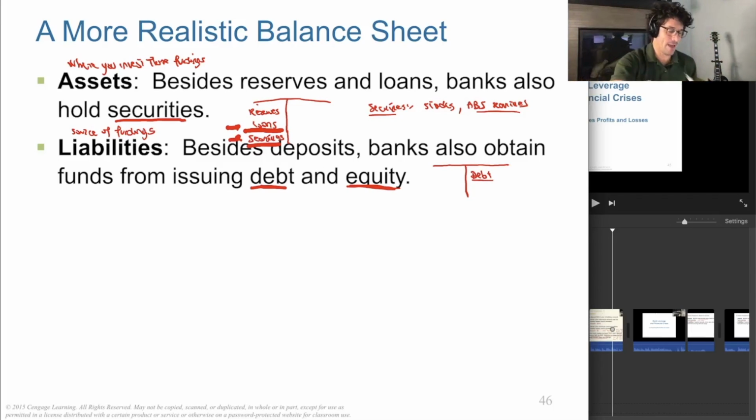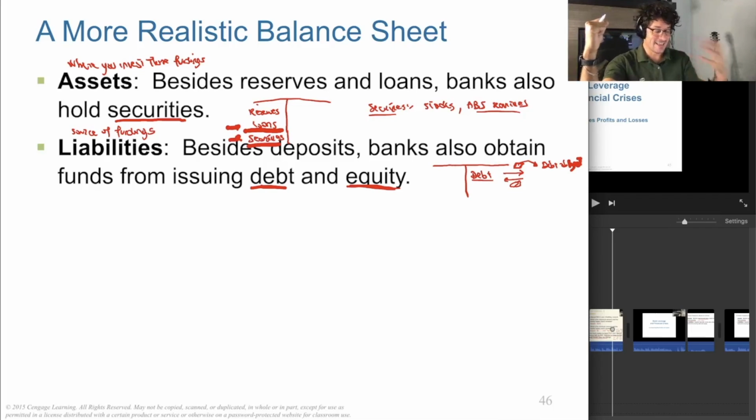The idea is that the bank issues a title, a bank claim, this debt claim, and in exchange receives some cash from the investors. This debt obligation is just a promise to repay.